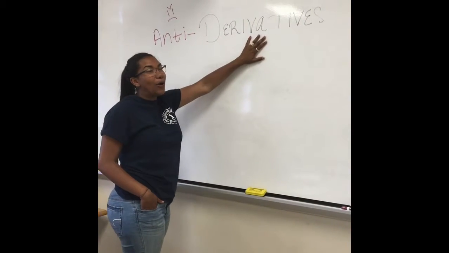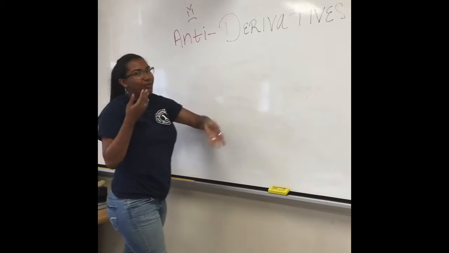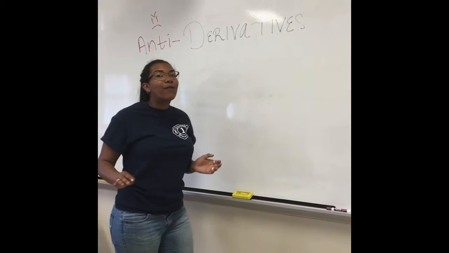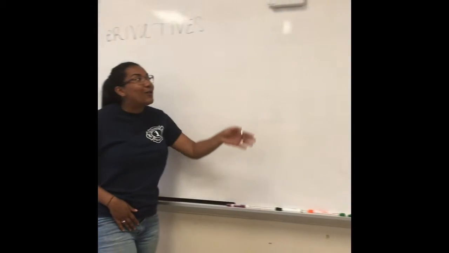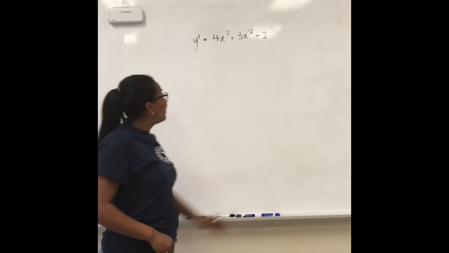With derivatives also comes antiderivatives, where you're kind of reversing the process that we just explained, or finding the original equation. So in this example, we're going to break it down into our 3 functions.